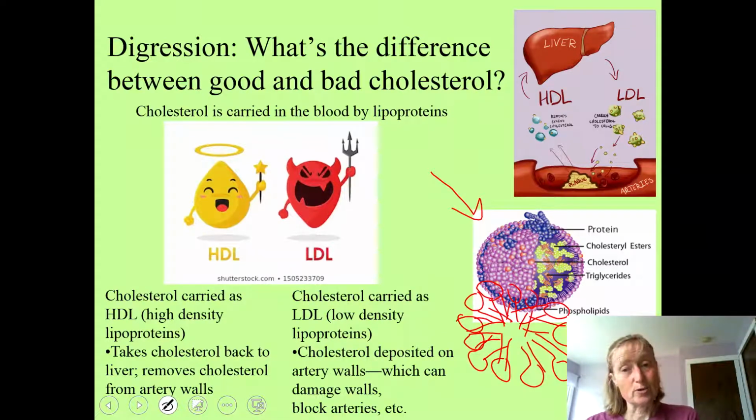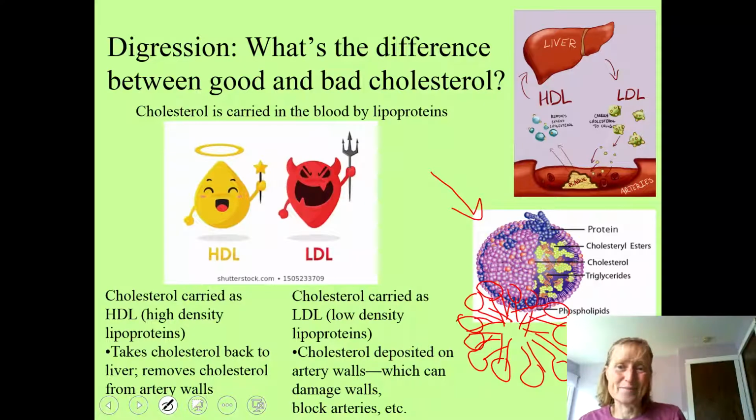High density lipoproteins tend to take cholesterol, so they're roaming around in the blood. They pick up cholesterol and carry it to the liver, where the liver can digest it or can convert it into something else. Low density lipoproteins tend to carry cholesterol into the arteries and drop it along the arteries.